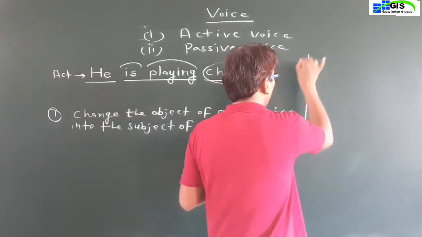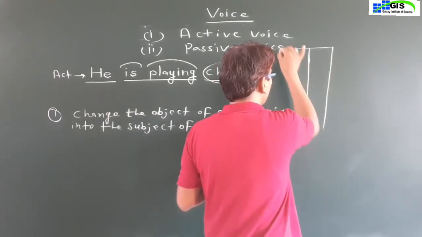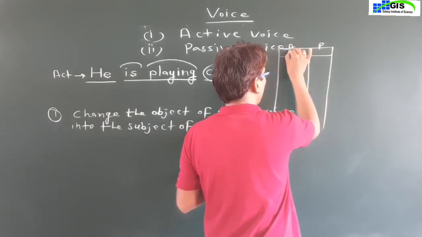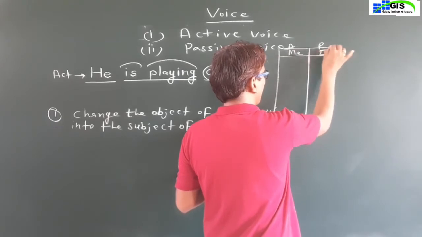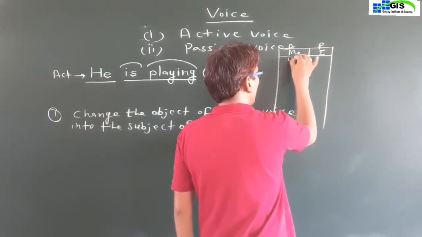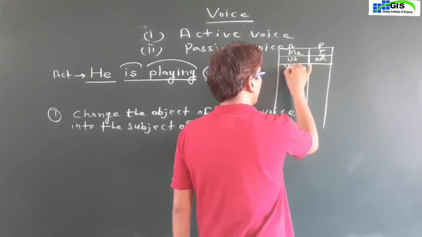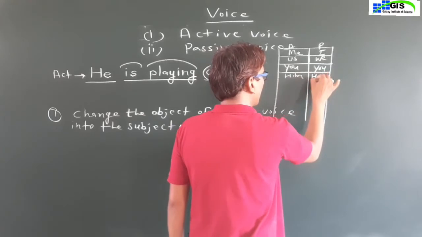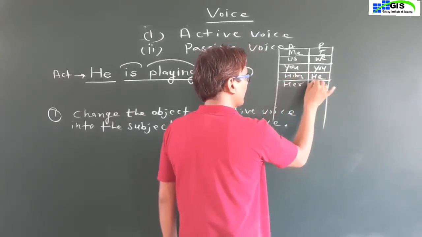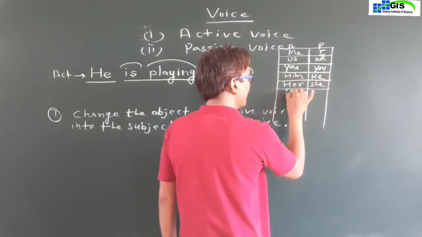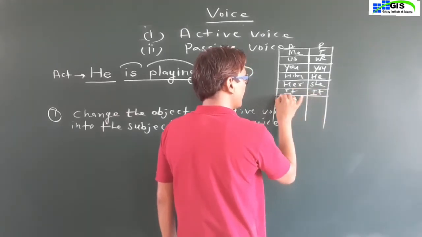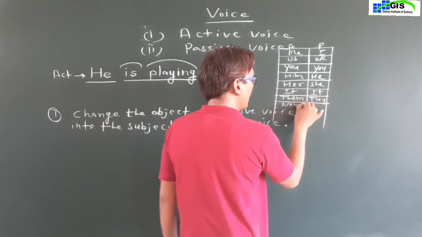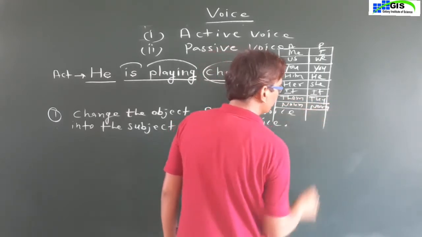So we will have to study a table. If there is active and passive: me, write I; us, write we; you, write you; him, write he; her, write she; it, write it; them, write they; noun, write noun.